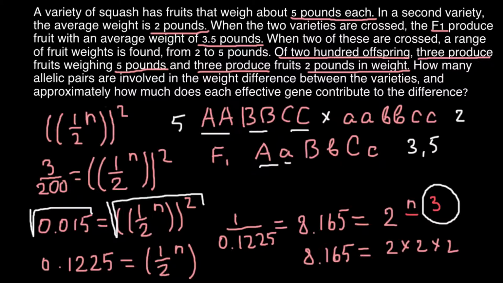Or for example, if we had a genotype that is capital A, capital A, capital B, and small c, this genotype also would produce fruits that weigh 3.5 pounds, because here we have the same number of dominant alleles as in the previous example, and the same number of recessive alleles. Because this is an additive trait, the weight of the fruits would be the same as in this example.